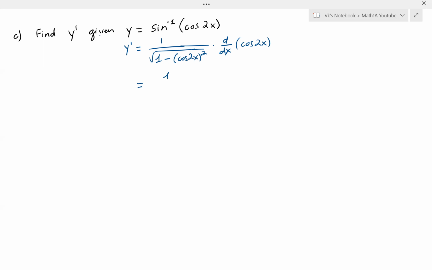So it is 1 over root of 1 minus cosine squared, and 1 minus cosine squared is sine squared, so that is root of sine squared of 2x. Multiply by the derivative of cosine, which is negative sine, and the derivative of the inner function, derivative of 2x, is 2.